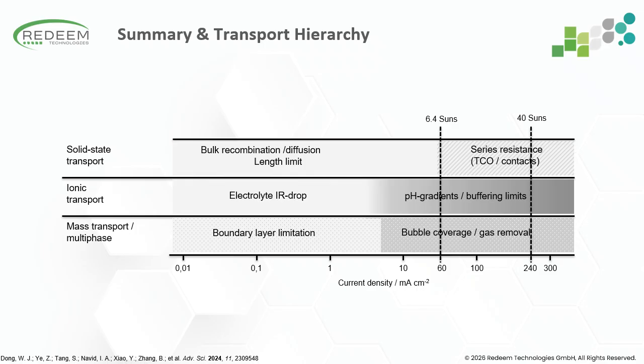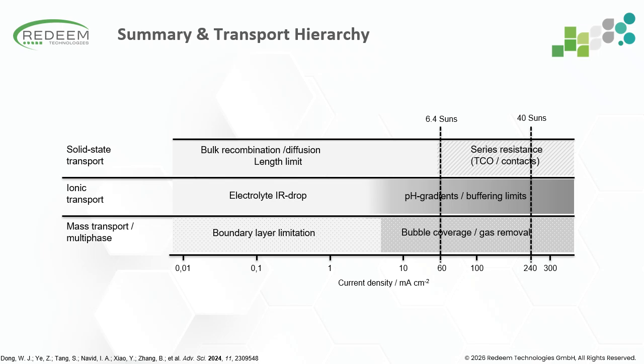For example, under moderate solar concentration, around 6 suns, the photocurrent increases to roughly 60 milliamps per square centimeter. At this point we begin to move away from a regime dominated by charge transport limitations inside the semiconductor, and instead the ionic transport, local pH gradients, and bubble removal become increasingly important.